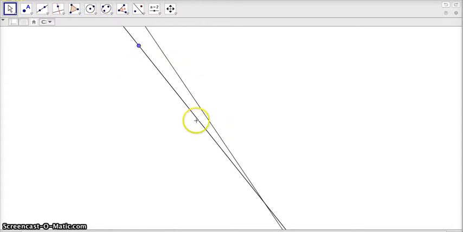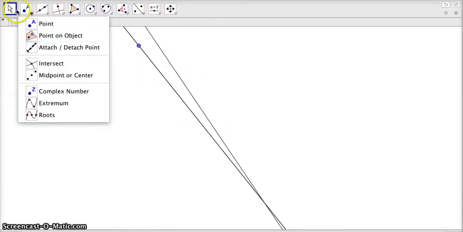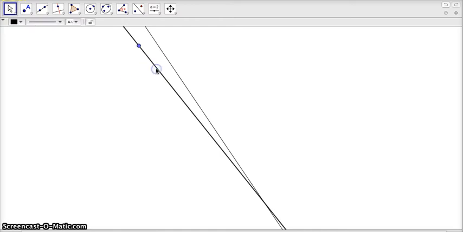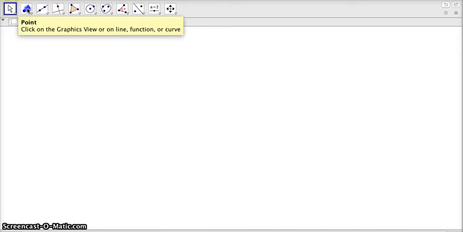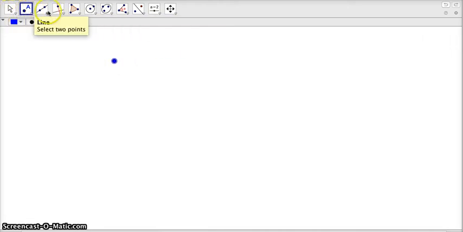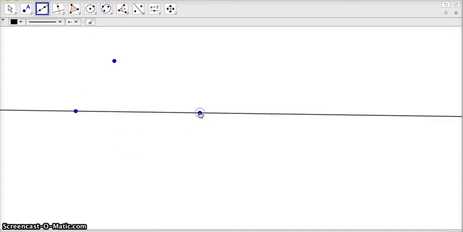And last one, so I'm just going to delete this out so we don't have this blocking our view. We could have, through any point not on a given line, there's exactly one line that can be drawn to be parallel. So if I have a point here and I have a line underneath, there's only one exact line that can go through this point that won't touch.